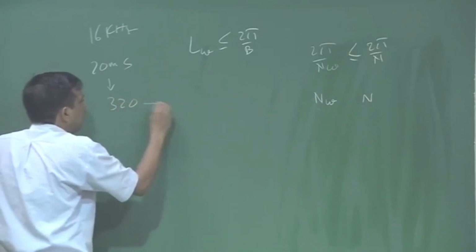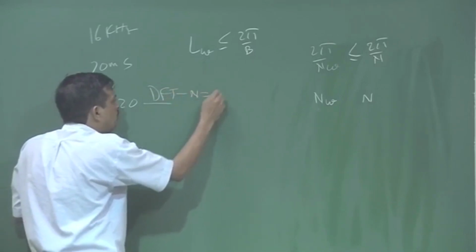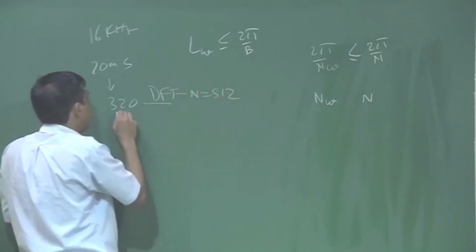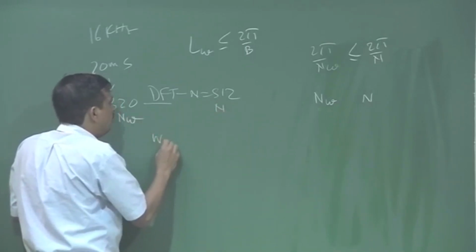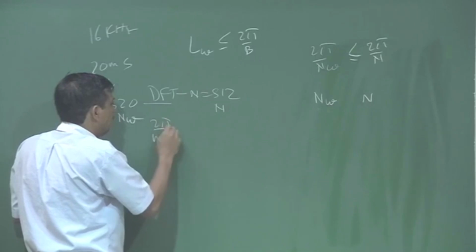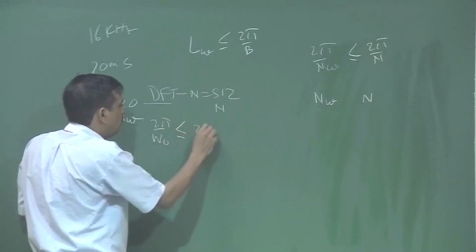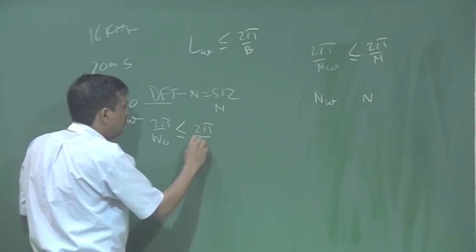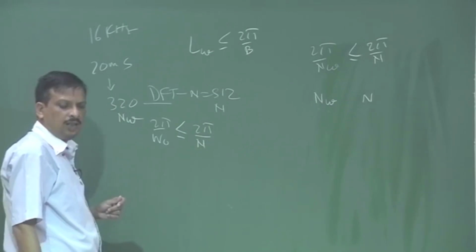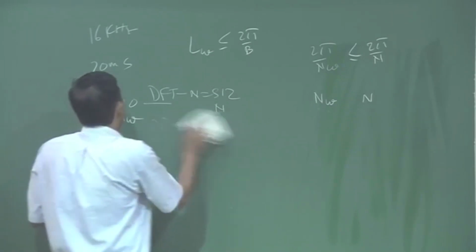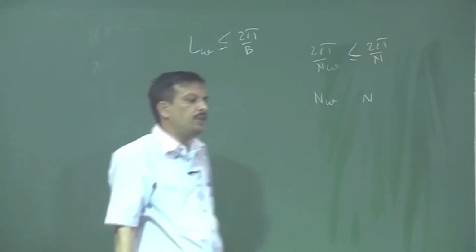If I take the DFT length N equal to 512, that means this is NW, this is N. So 2 pi by NW must be less than or equal to 2 pi by N. And I said that LW must be 2 pi by B.